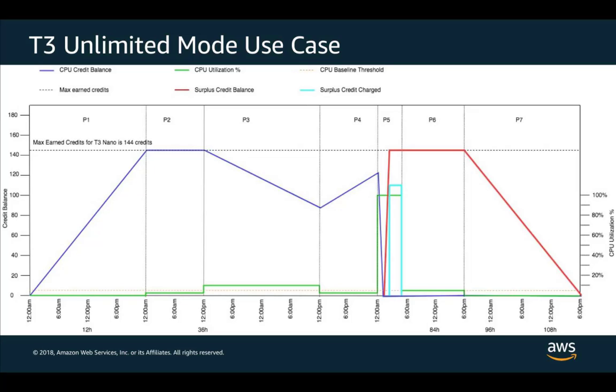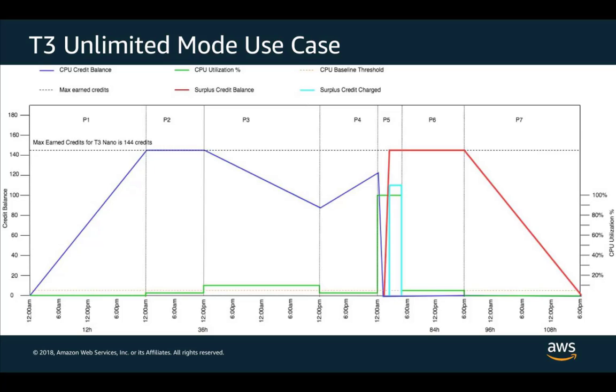And then during period 7, the instance goes back to idle, and it remains idle for the next 24-hour period. The instance is earning 6 credits per hour, and it's not using any CPU, so it just starts to accrue, and it pays back the surplus credit balance, and you see that surplus credit balance, the red line, starting to come down all the way to zero as you're earning credits and accruing them to pay back the surplus credits.